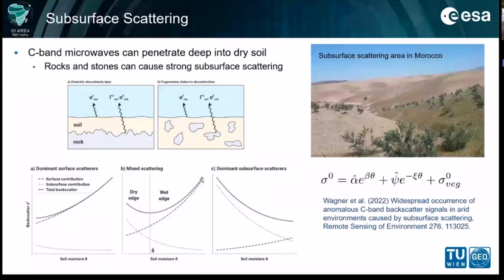The problem for us is that at the moment, we only assume that the scattering behavior follows dominant surface scatterers. So we cannot properly account for dominant subsurface scatterers, and so far we cannot yet account for mixed scattering phenomena. That causes problems.